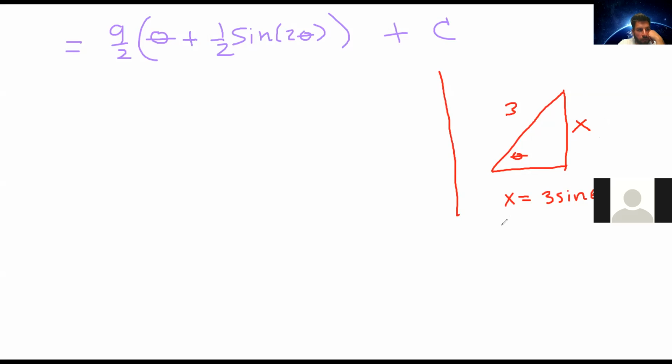And so another way of writing this is that x over 3 is the sine, and scarily enough, the arc sine is theta, or the inverse sine.